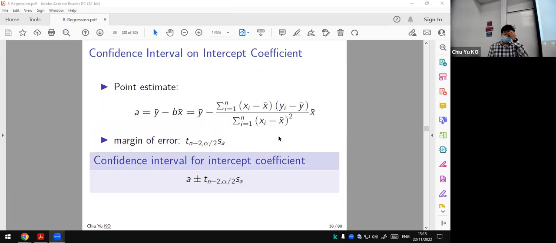And after you do hypothesis testing, if you know this is not 0, then you can go ahead and consider the point estimate. There's nothing new, because A is unbiased, so that is what we want to do. And we know the margin of error is defined as this: the critical value times the denominator, and the CI will be just like this.